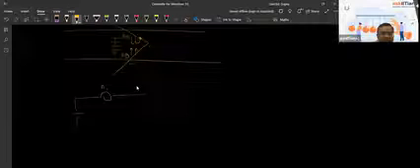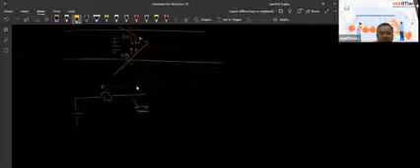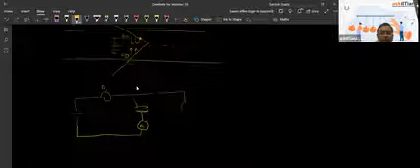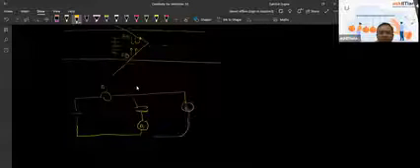Okay, so the other question is this: B1 bulb is this, and this is key K, and B3 bulb is this, and B2 bulb is this.